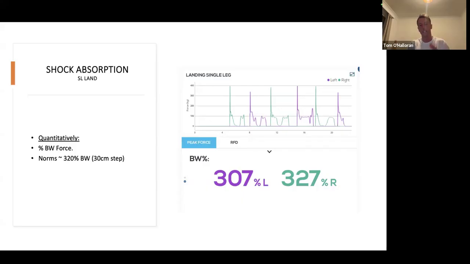Their strategy is a stiff-legged, straight leg. They're walking on one leg and running, using a pendulum strategy on, say, the left, and then a spring strategy on the right. It's just because they can't absorb, whether it's strength or the brain doesn't trust that leg. And you'll often see this on a single leg landing.